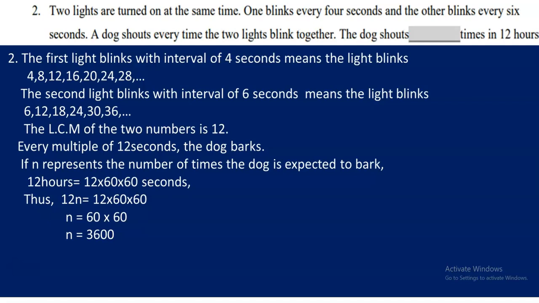This shows you that the dog barks or shouts 3,600 times within the given 12 hours. I think you have understood in a better way.